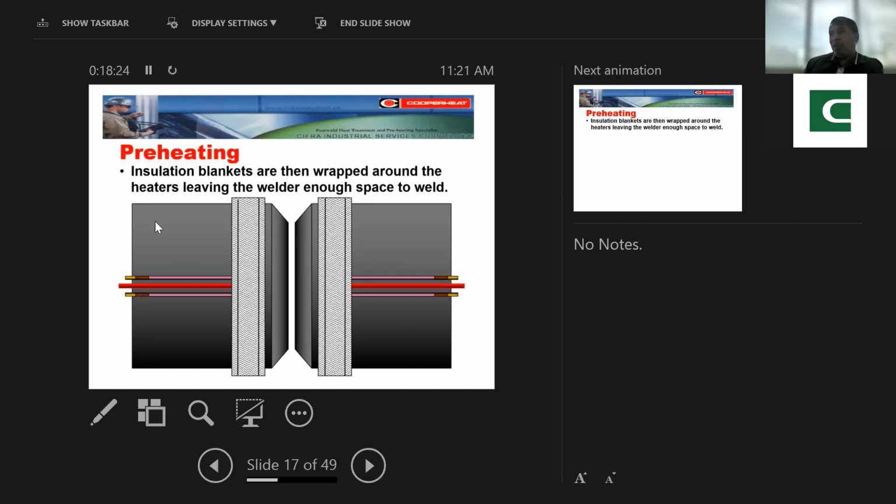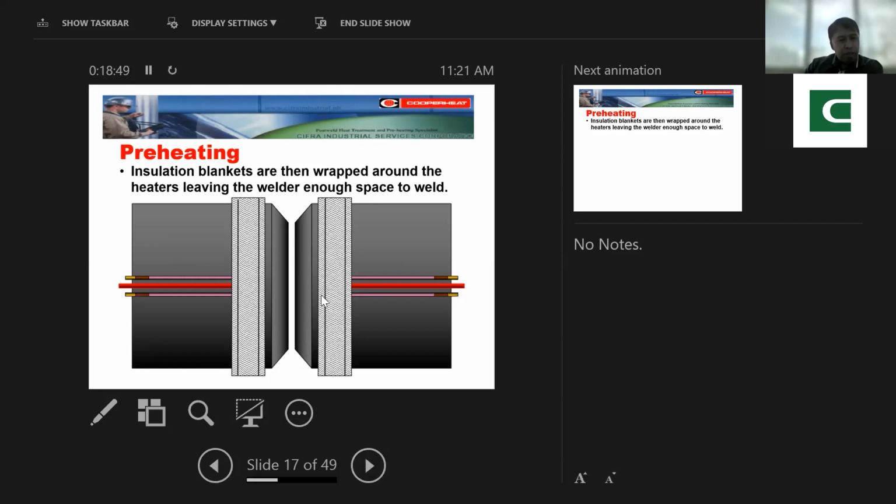Ang limitation lang hanggang ang difference 550. Pag more than that, uulitin mo yung pagse-set up ng heater, dagdagan mo, and then dagdagan mo rin yung insulation in order for you to attain full PWHT of your material.